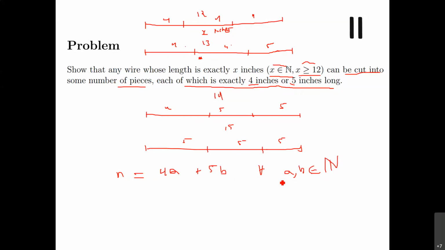Okay, so remember, you have a and b are naturals, and you have n is at least 12. This is another way of stating the problem. For this, can you prove it using induction? So 2 minutes and we'll see what we can do.